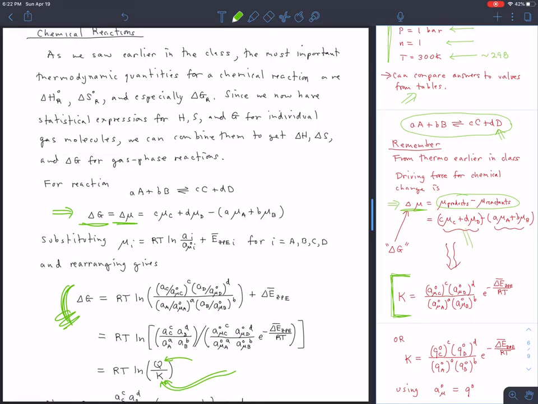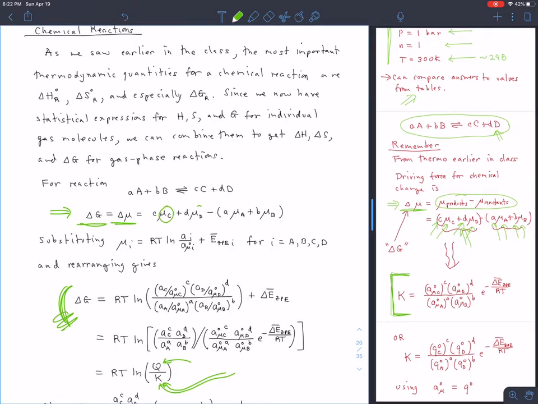The molar free energy for products really is the number of moles of product C, times the chemical potential for C, the same thing for D, minus the same kinds of things for the reactants A and B. And we have expressions for all these chemical potentials now, for C, D, A, and B, whatever those molecules are.